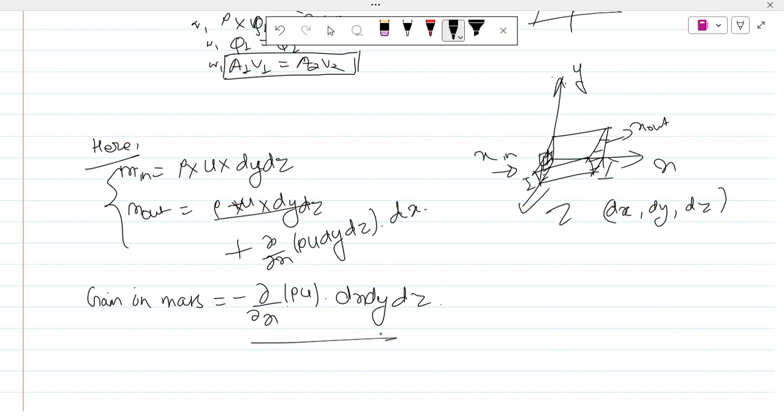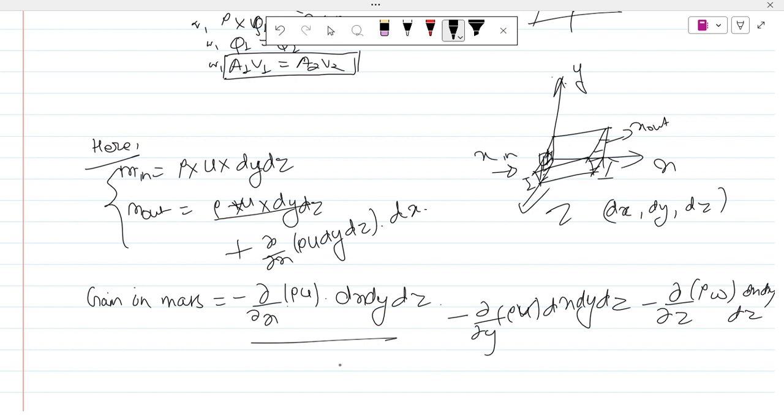This gain in mass is for one dimensional flow, but in 3D the gain in mass is minus d by dx of rho u, plus d by dy of rho v, plus d by dz of rho w, times dx dy dz.